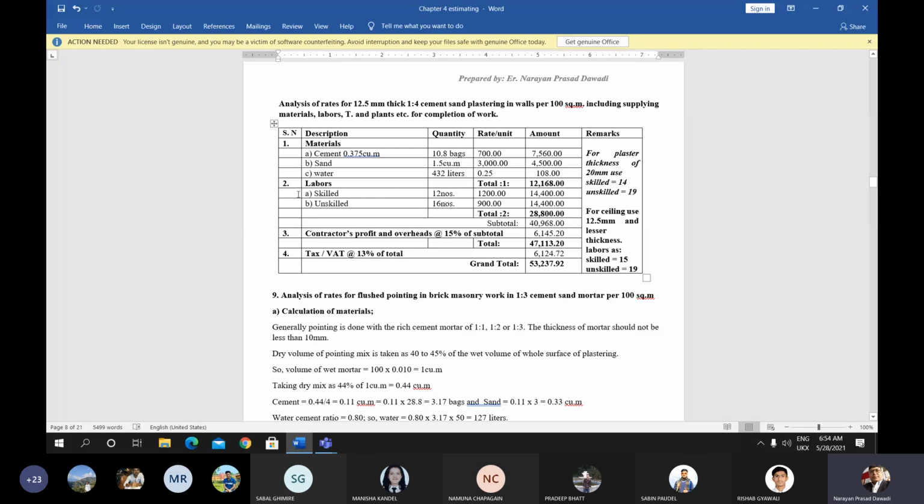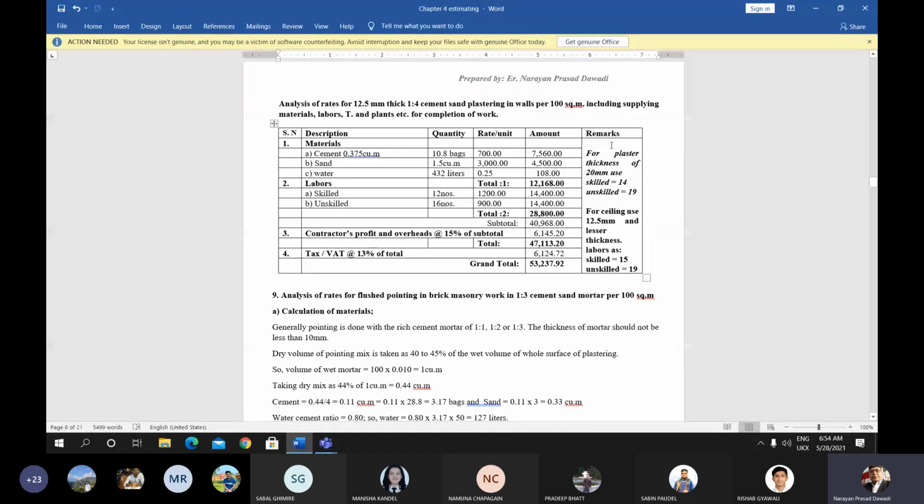For the skilled manpower, the plastering on wall, the thickness is 12.5 mm, which is less than 20 mm. Up to 20 mm for the plaster surface on wall and floor, the number of labor required is 12 and 16. 12 skilled manpower and 16 unskilled manpower.